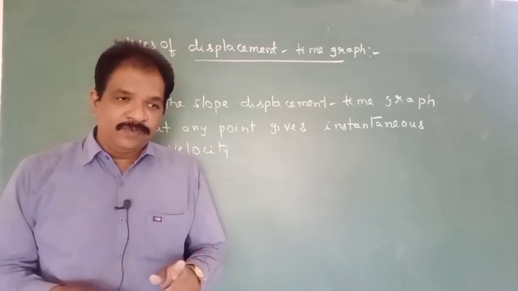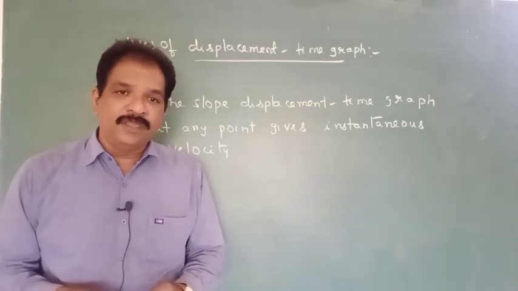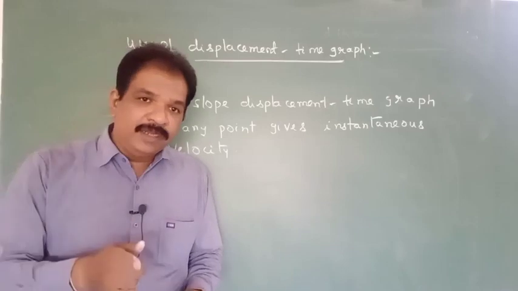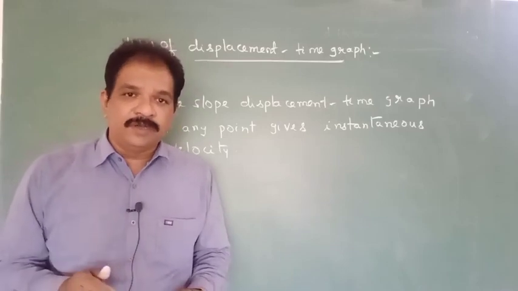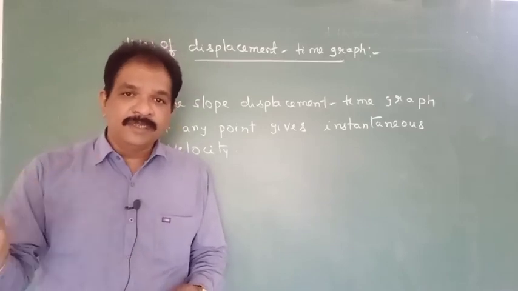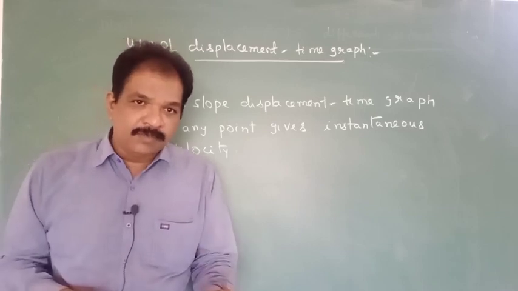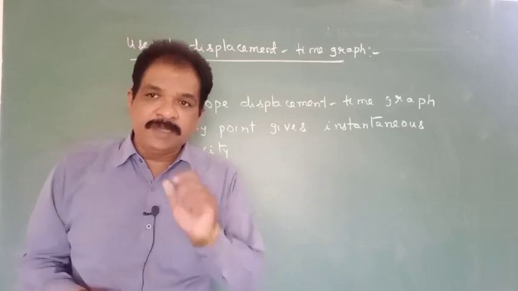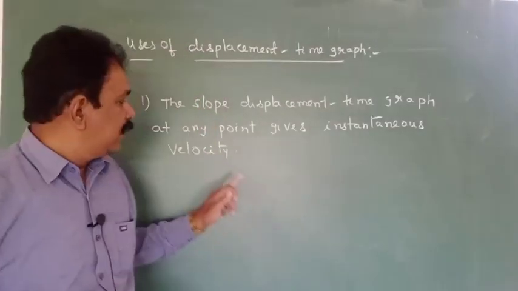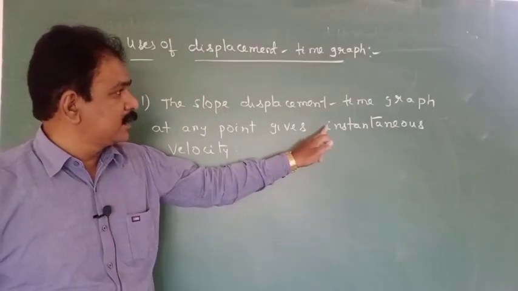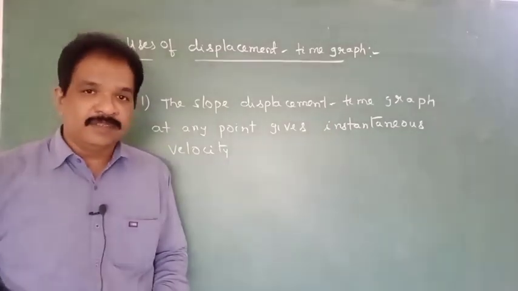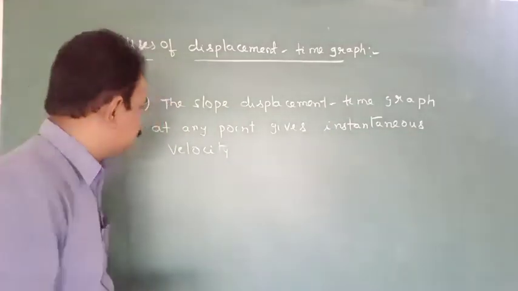So if you take the speedometer of any vehicle, the reading shown in the speedometer will be nothing but the instantaneous velocity of that vehicle. At that moment, what is the speed of that vehicle? That is represented by instantaneous velocity. If the point is clear, next.